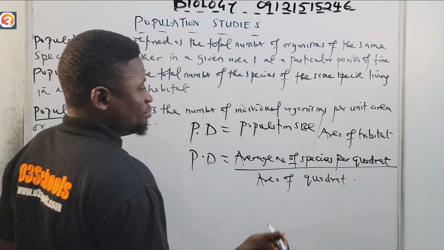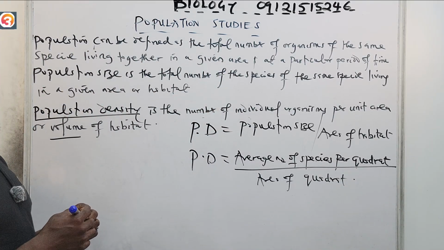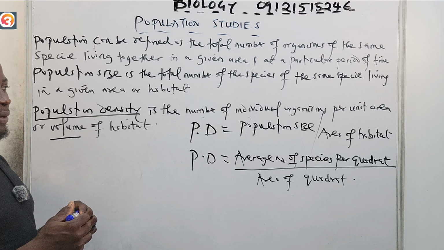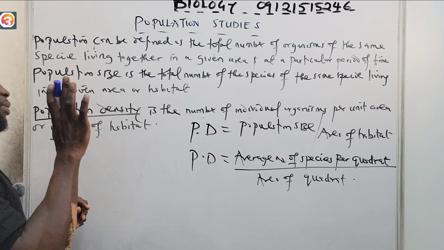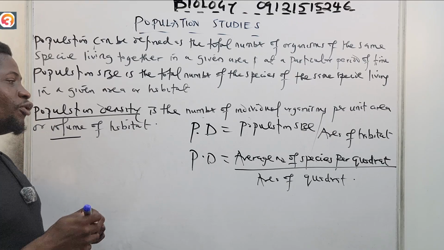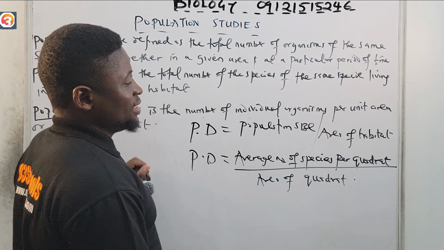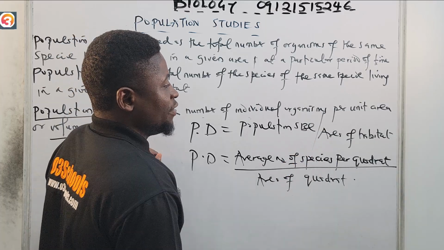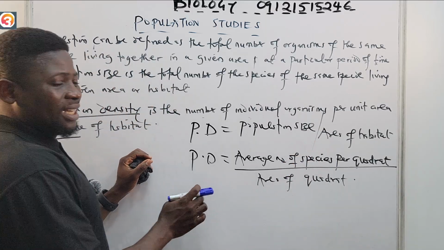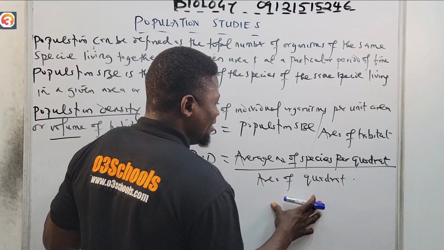We are going to see what quadrat means soon when we start talking about the methods that are used in population studies. So take note of that. Population density is the number of individual organisms per unit area or volume of habitat, and it is population size over area of habitat, while also it's the average number of species per quadrat over area of quadrat.